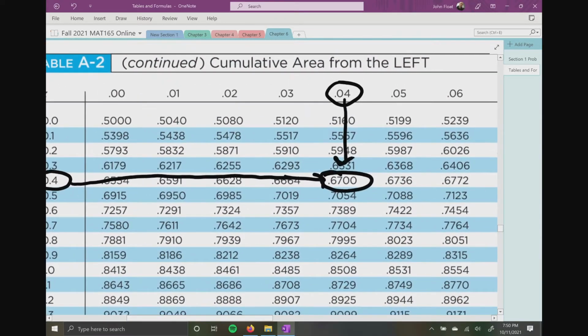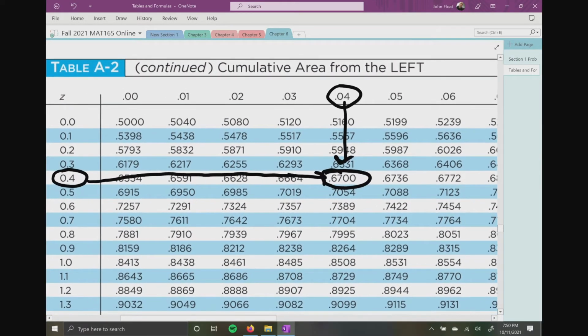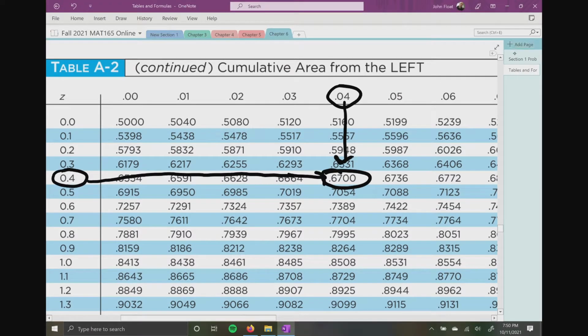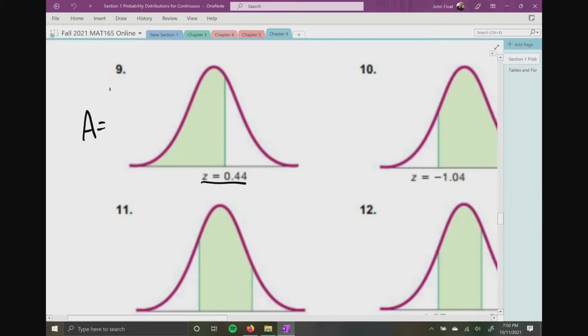There you go. There we go. So area is going to be 0.6700. So I'm going to go back to our problem. Oh, wrong button. Area equals 0.6700. Okay? Now, some of you may be asking yourself, well, how do you do this using salt?